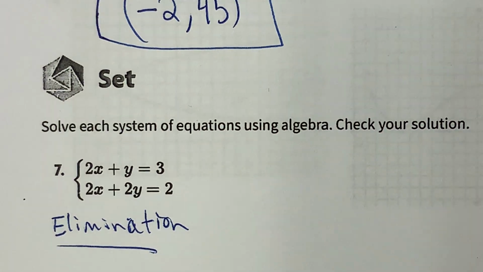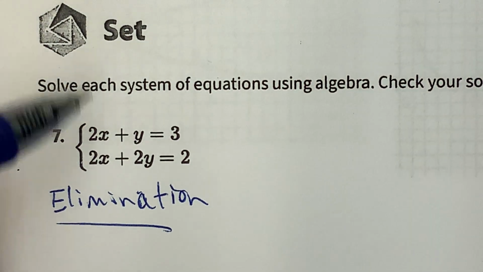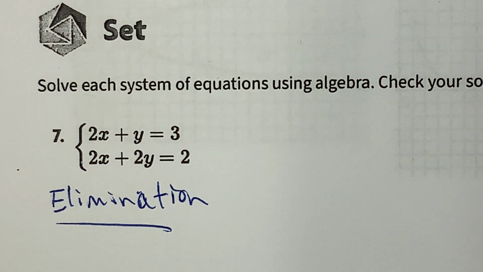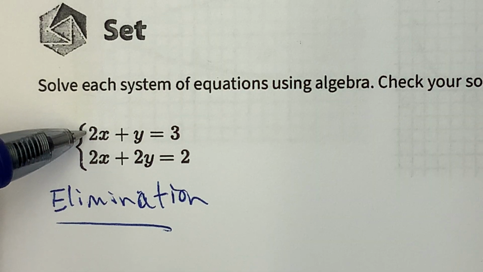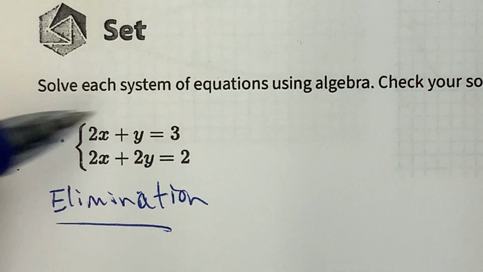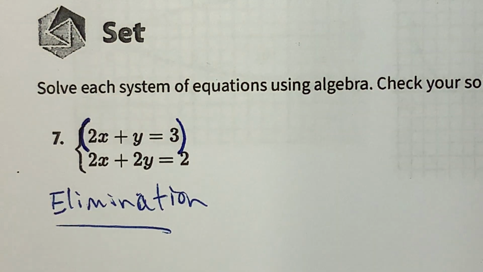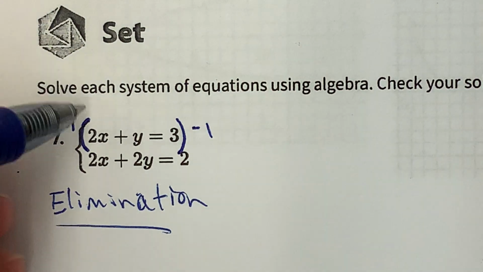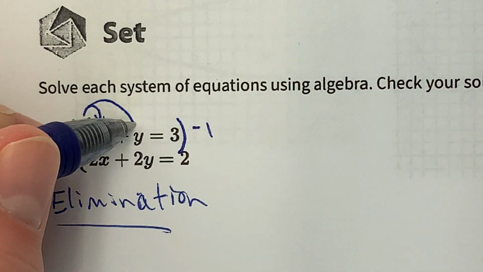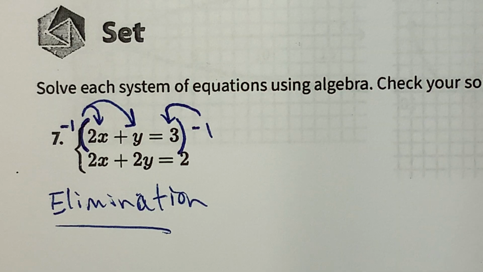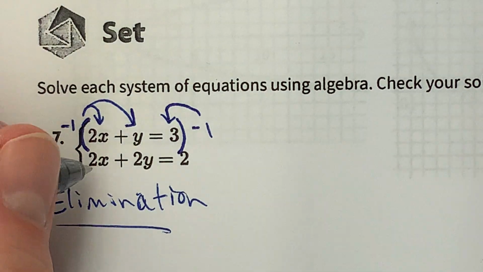Okay, at first glance, the goal is to cancel x or y, but if I add these together, it's 4x and 3y, so nothing cancels. So I have to make them cancel. And the easiest way to do that is to throw a negative into the top or the bottom to make one of these negative. So I'm going to put in parentheses the entire top and put a -1 on the outside. And I'm going to distribute the negative into everything on top. And now I have a new equation.